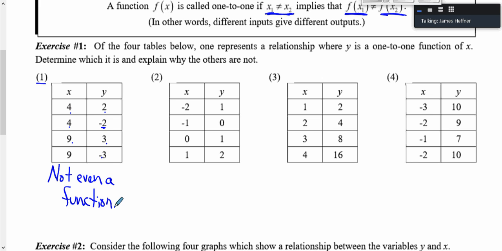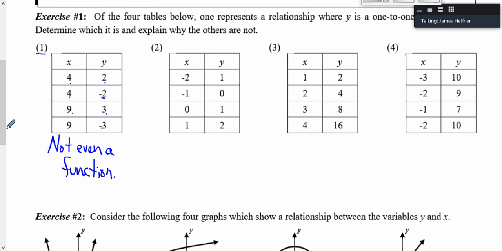Let's look at number two. Is it a function? Does every input have exactly one output? Yeah, it's a function. But is it one-to-one? No. Are there any outputs that -2 and 0 share? Yes, they share the same output. It's almost like we're thinking of the inverse now. Here's a couple of outputs that happen twice from different inputs.